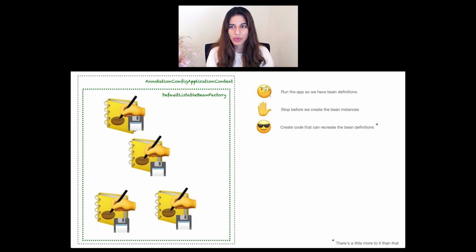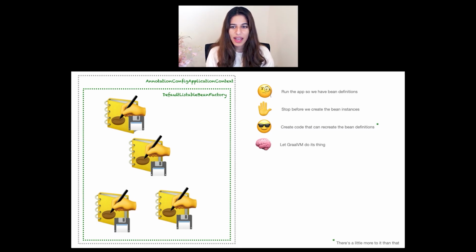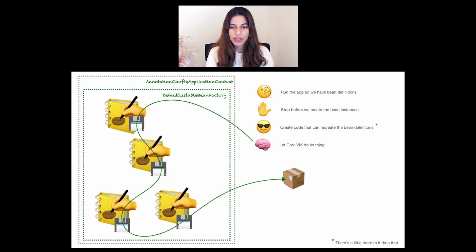At this point, now that we have the bean definitions, we can generate code that can recreate the bean definitions. Of course, there's a little bit more to it than that. And then once we have the generated code, we can let GraalVM do what it needs to do based on that generated code. It will look at the bean definitions in the generated code, follow the breadcrumbs, and create the native image.